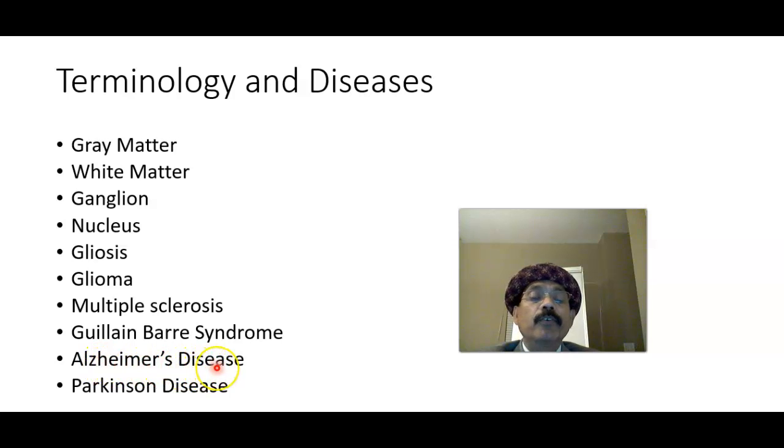Alzheimer's disease is a condition where neurons are lost, especially from the frontal lobe and the temporal lobe, and people lose their memory plus cognitive function. So they develop dementia. Parkinson's disease, loss of neurons from the substantia nigra, which produces the neurotransmitter dopamine.